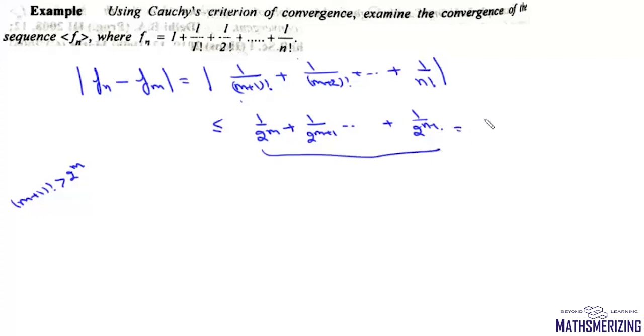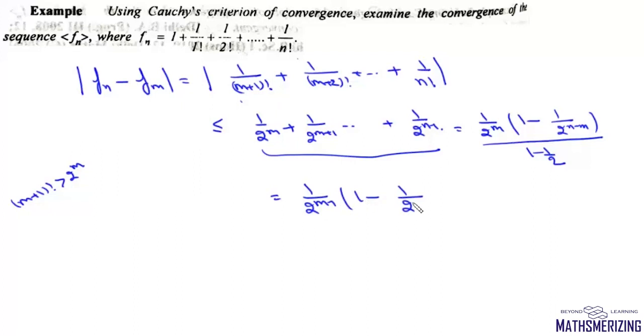We can write the sum of this GP as (1/2^m)(1 - 1/2^(n-m)) / (1 - 1/2), which is 1/2^(m-1) times (1 - 1/2^(n-m)). Now it will be less than 1/2^(m-1).